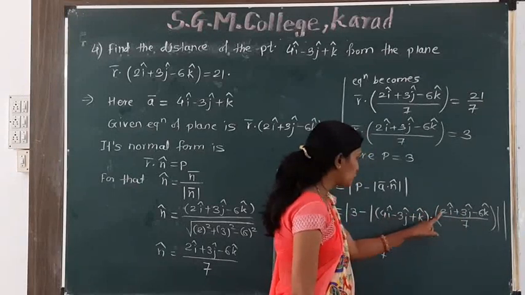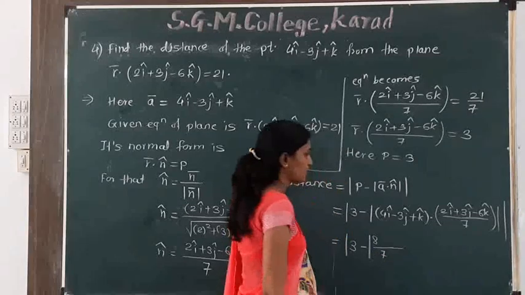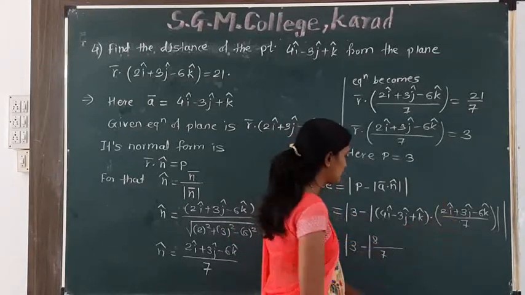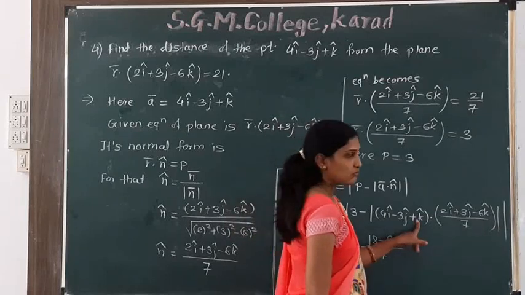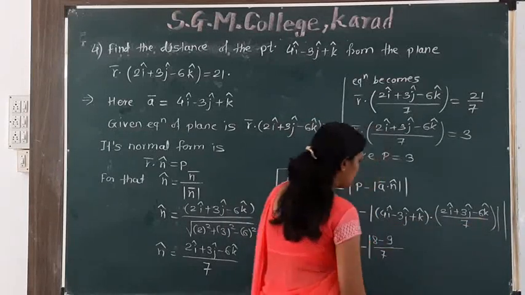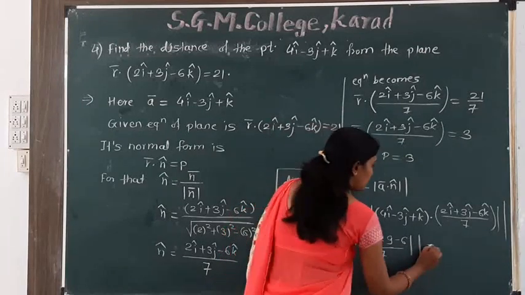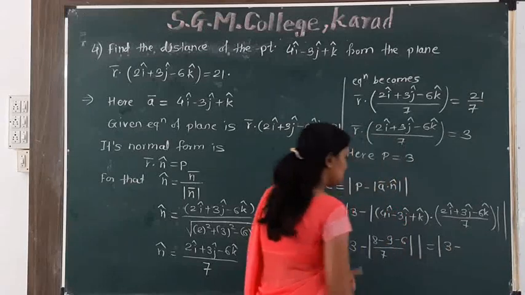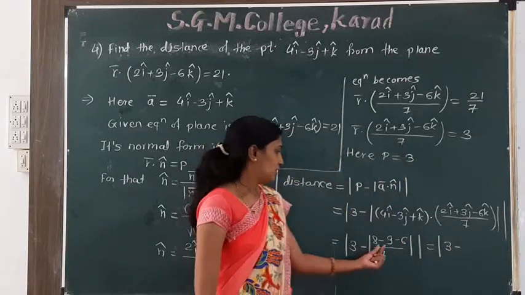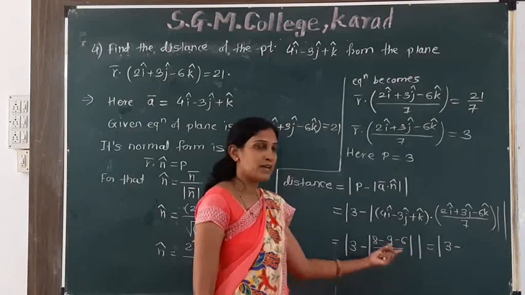So 4 into 2, which is 8, minus 3 into plus 3, which is minus 9, plus 1 into minus 6, which is minus 6. So it is equal to mod of 3 minus (8 minus 9 is minus 1, minus 1 and minus 6 is minus 7).